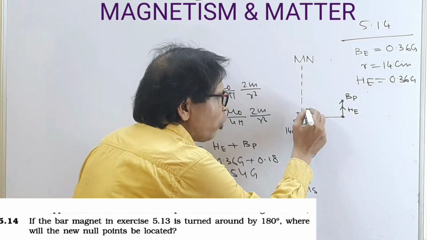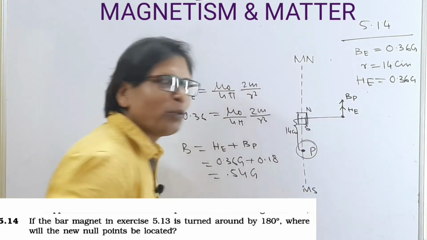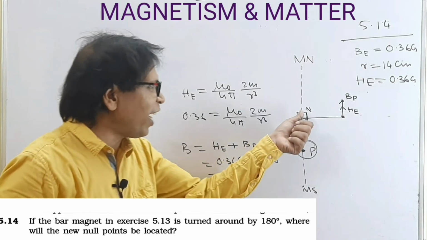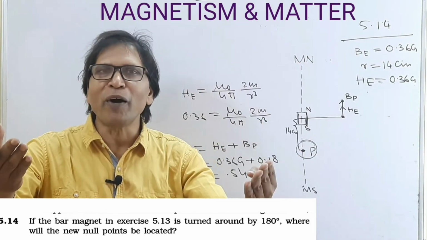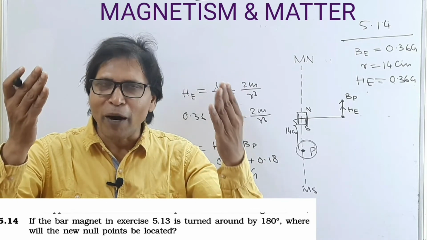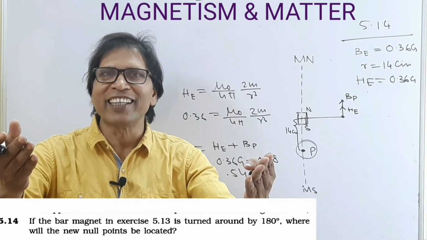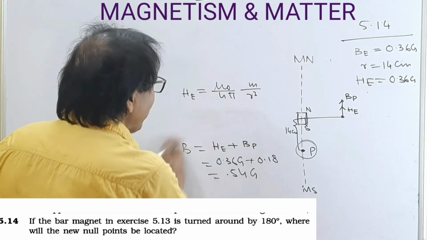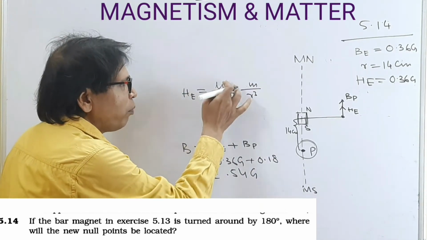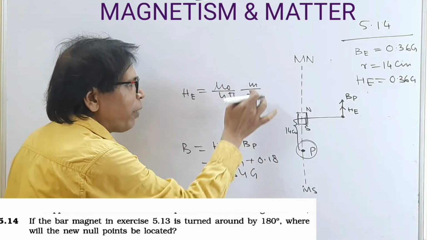Look at this, if the magnet is turned through an angle of 180 degrees, this is the north pole and this is the south pole. Here the north pole is pointing towards north, so the neutral point is obtained on the perpendicular bisector position. Here H equals mu naught by 4 pi times m by r cube.